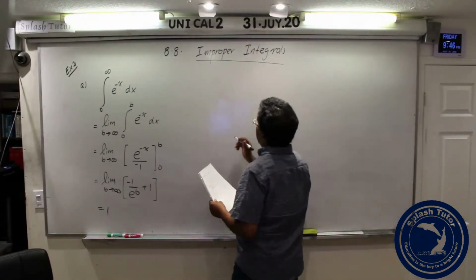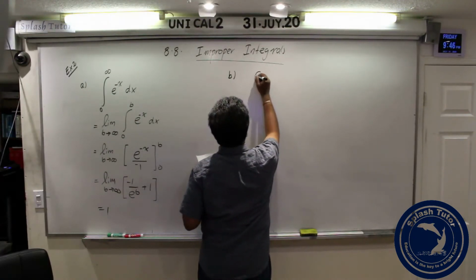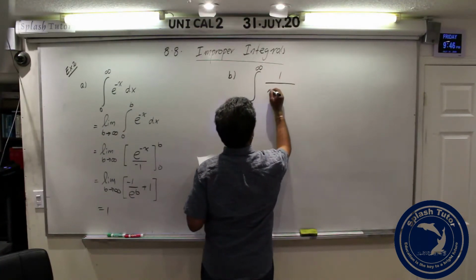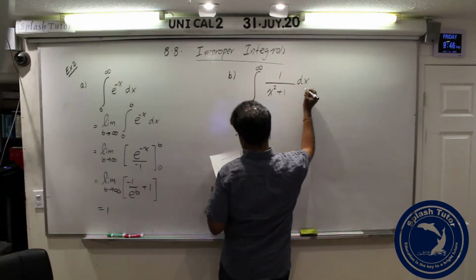Now let's do part b. b is the integral from 0 to infinity of 1 over x squared plus 1 dx, right?